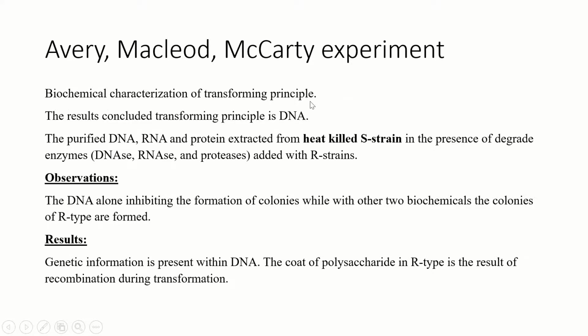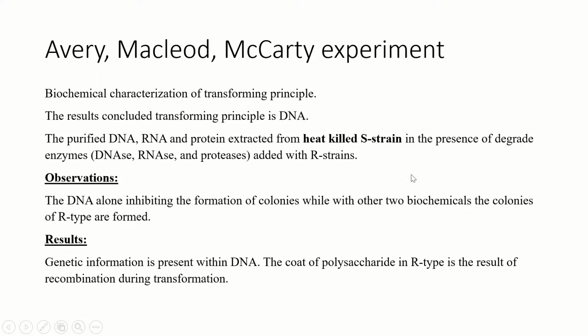This particular experiment was done by Avery, MacLeod and McCarty, and what basically they did was extract the DNA, RNA and protein, in pure form, from heat killed S strains, and in the presence of degrading enzymes, DNase, RNase and protease, these were added with R strains.